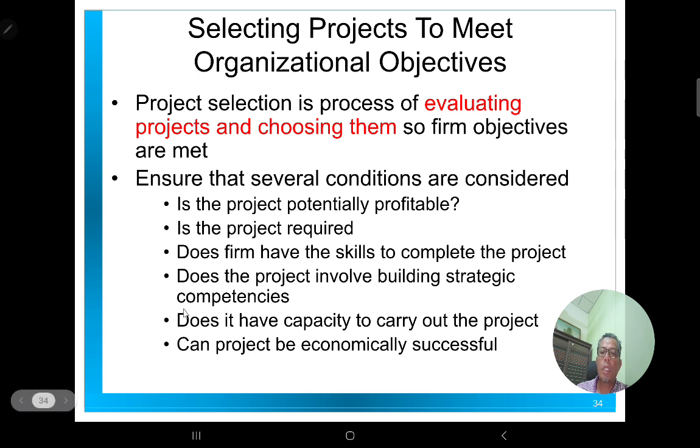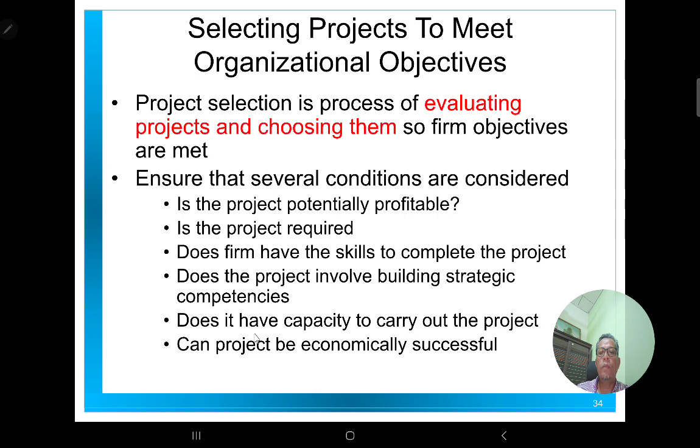While implementing it, you also need to build some new competencies, whether you have the skills or the knowledge to do that. This is also a very important selection decision that needs to be made.